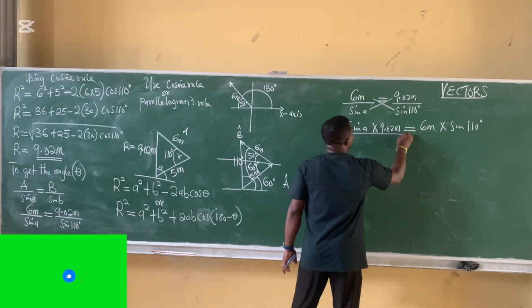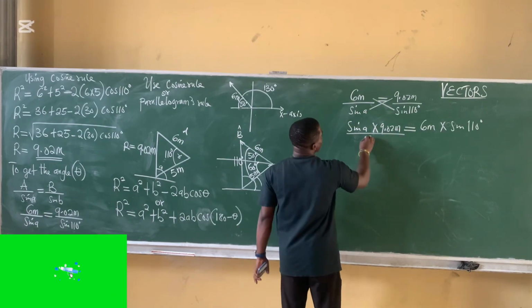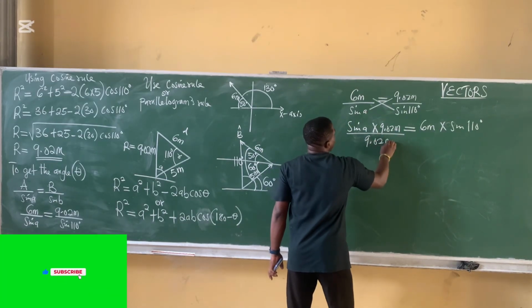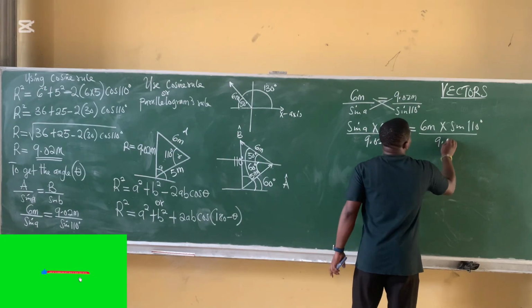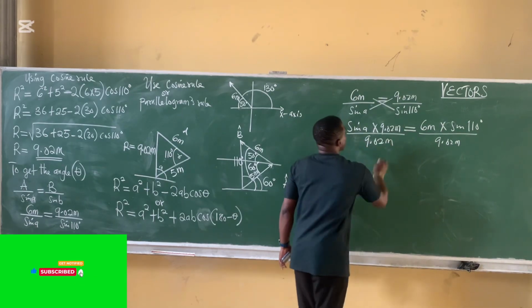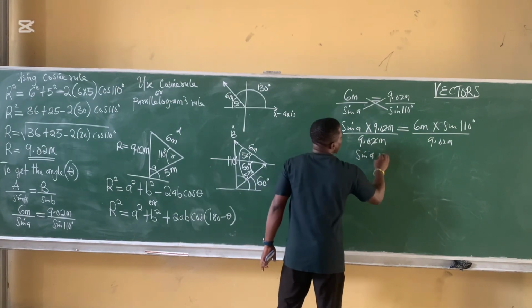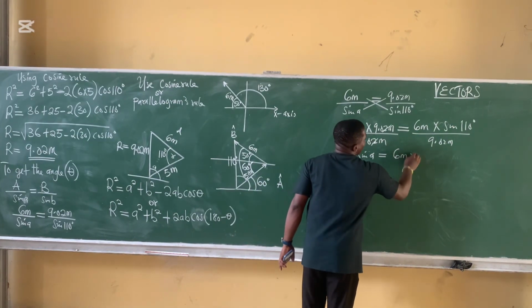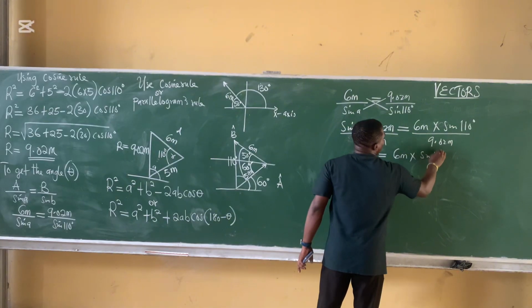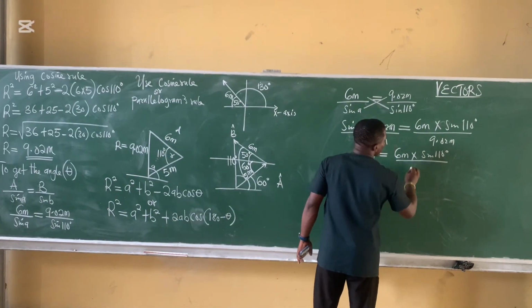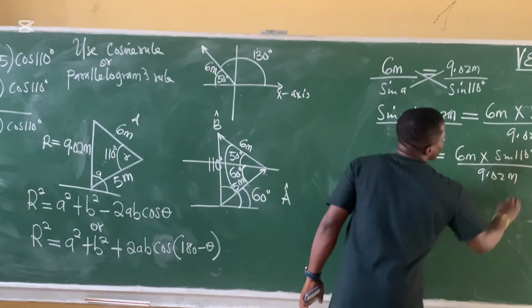To get sine A, we divide both sides by 9.02 meters. So sine A is equal to 6 meters times sine of 110 degrees all over 9.02 meters.